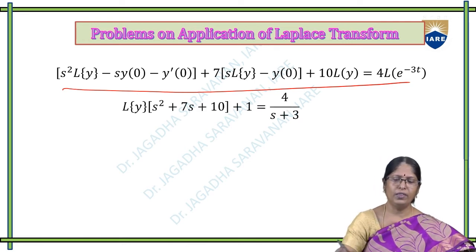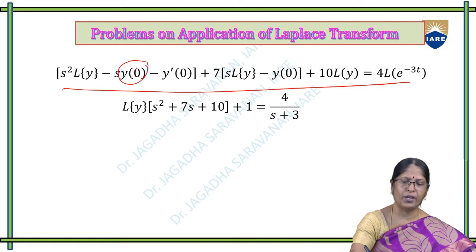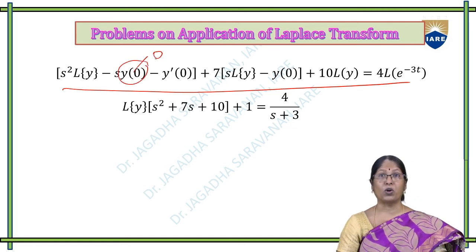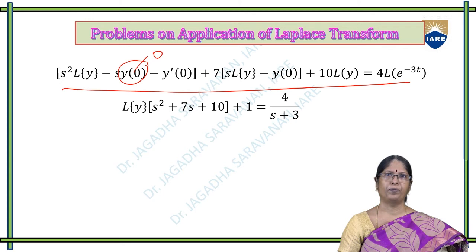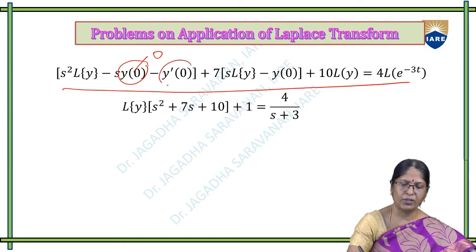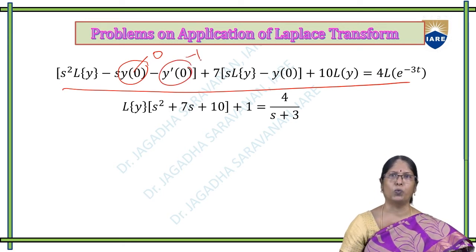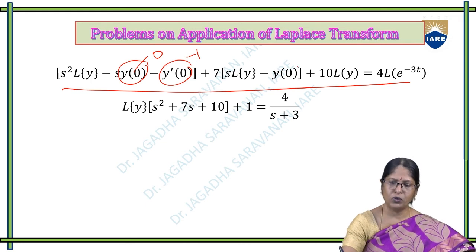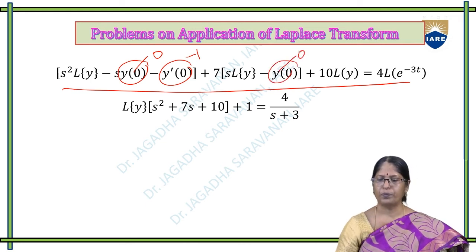Now, in this place, y of 0 has become 0 because of the problem condition, whereas y dash of 0 has given minus 1. This is also 0.